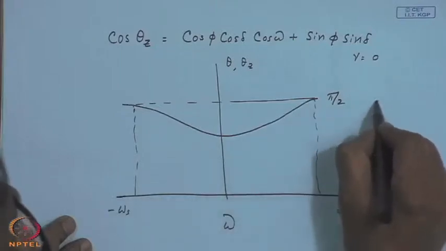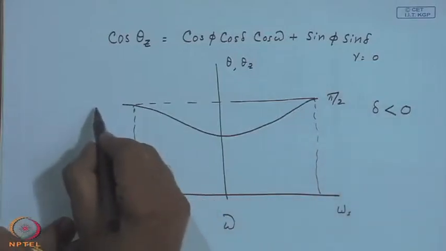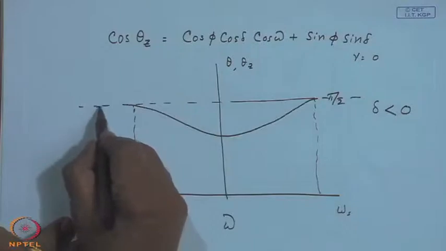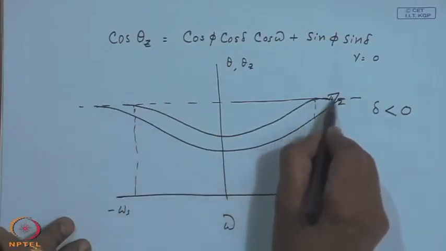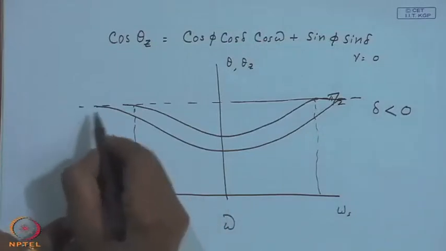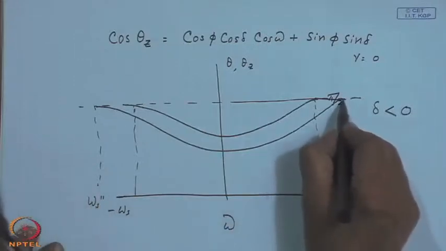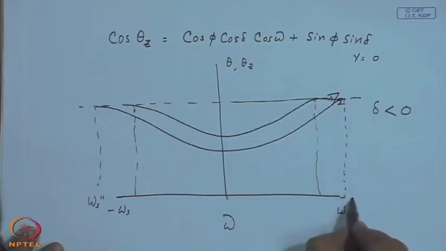Now, if delta is less than 0, I will have something like this. You can calculate, this will be my so called omega s double dash, which you should be correlating with the notation that we introduced.